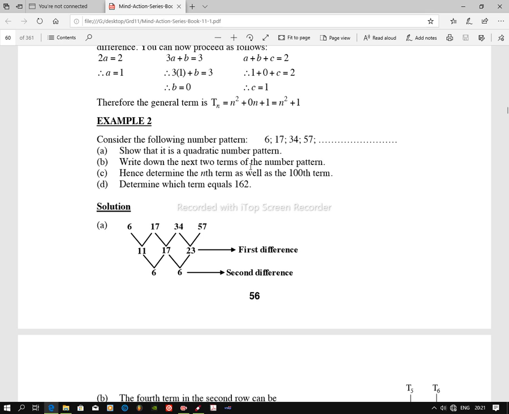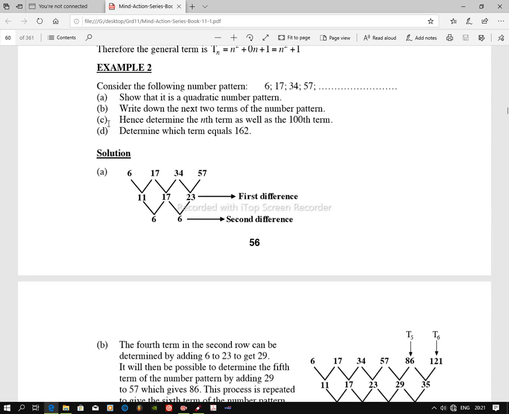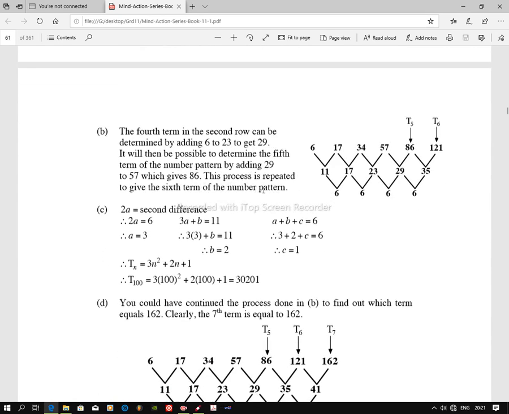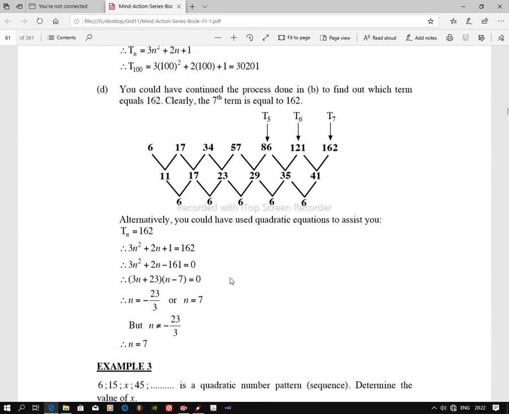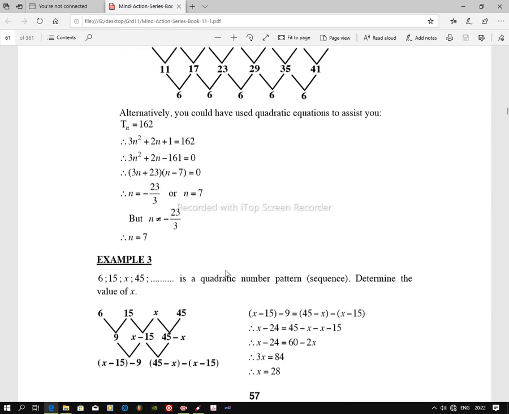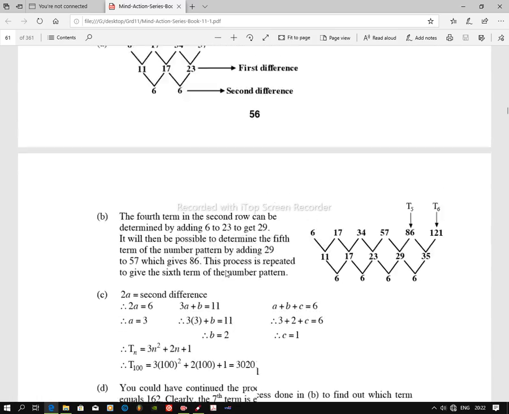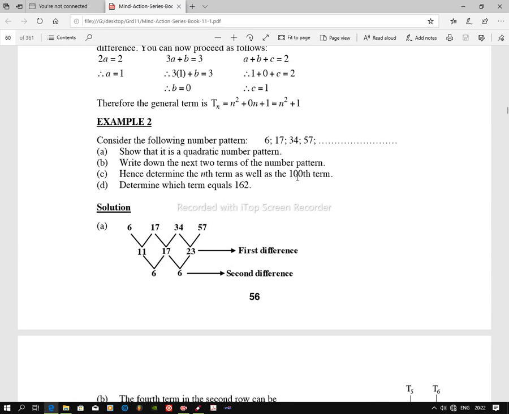You should skip this question here and then go to number C, and when you get to number C, it says hence determine the nth term as well as the 100th term. So here basically they want the general equation for this pattern. You just determine the general pattern here, and then you apply everything that I taught you there, and then from there you can go to the next terms.